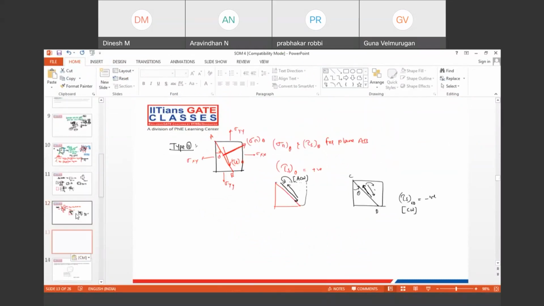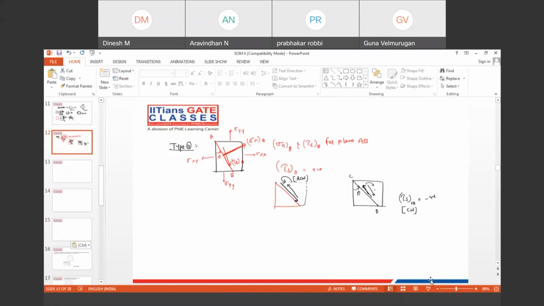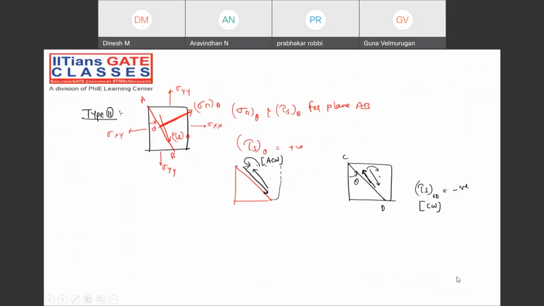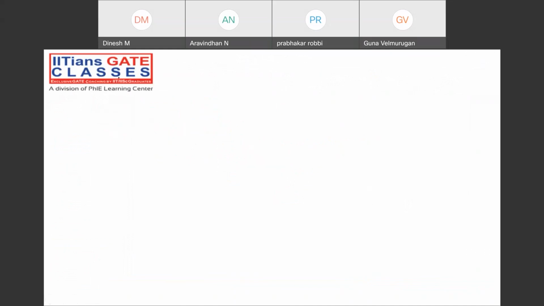We will try to explore a few more points about this concept now. So there's a type 2 problem which I told you. That means the problem can be asked in two ways, either type 1 or type 2. That is the one thing that I want to show. Not only principal stress and strain, how to calculate this thing.